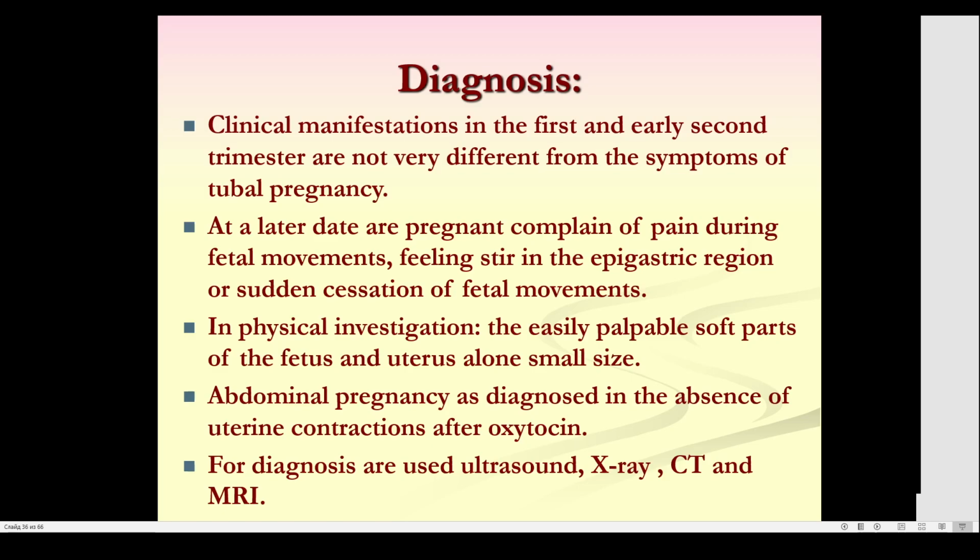Abdominal pregnancy is diagnosed in the absence of uterine contraction after oxytocin. For diagnosis, ultrasound, X-ray, computer tomography and MRI are used if necessary. If we can't diagnose it before, during ultrasound.